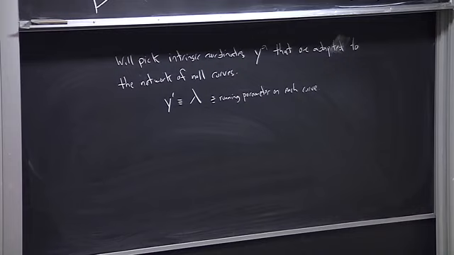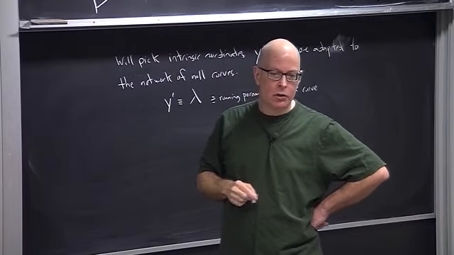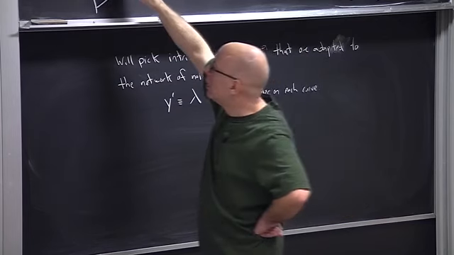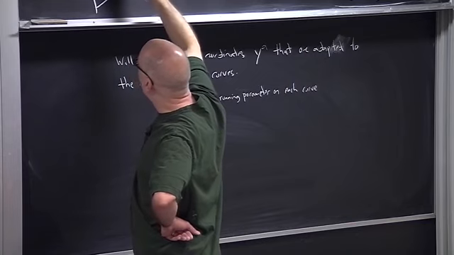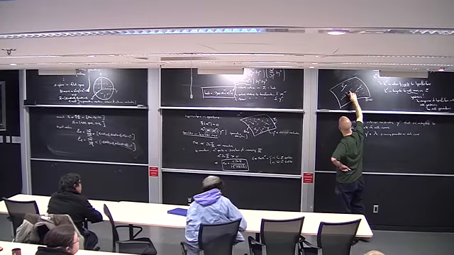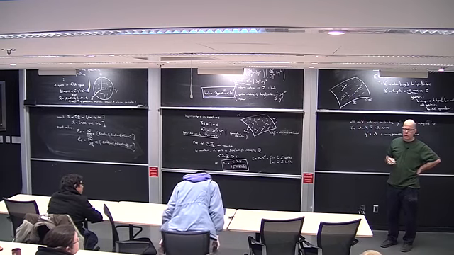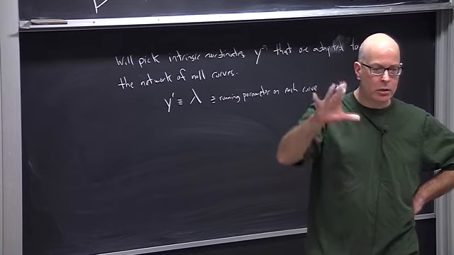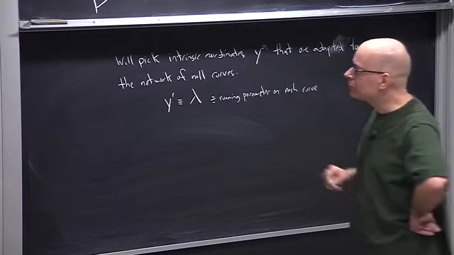And the remaining two coordinates, I'll define them to be constant on each of the null curves. So here I got rid of one dimension, so my surface really looks two-dimensional. I have a coordinate that runs this way, and then I'll pick a coordinate that runs that way with the property that that coordinate would be constant along each one of those curves. So I can use that as a label for each curve. So we've played with those ideas before when I talked about a network of curves, and cross curves and so on.